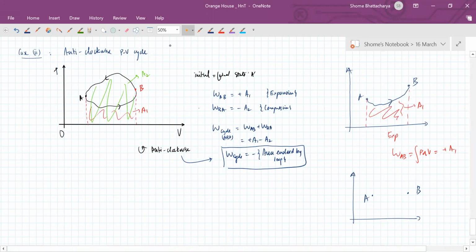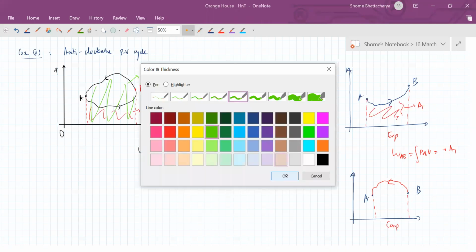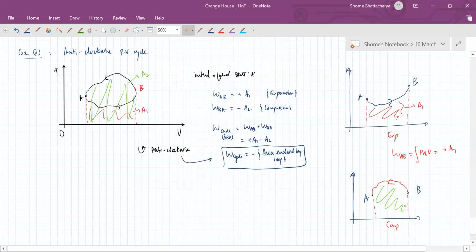So the second thing now, when we are coming back by this kind of process. This is a compression, you can see. So during the compression, it's this area, but with a negative sign. This area is A2. So the work done from B to A is negative of A2. This clear, Sarvesh?